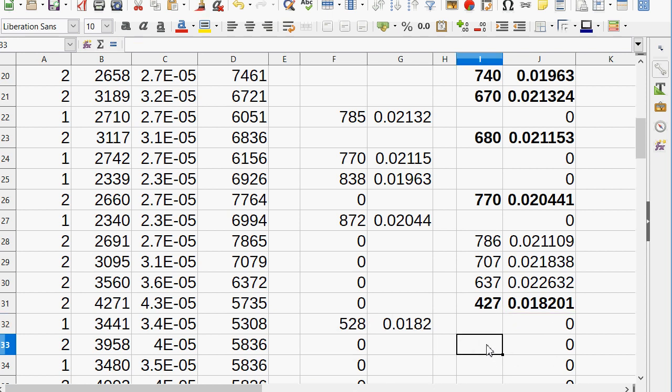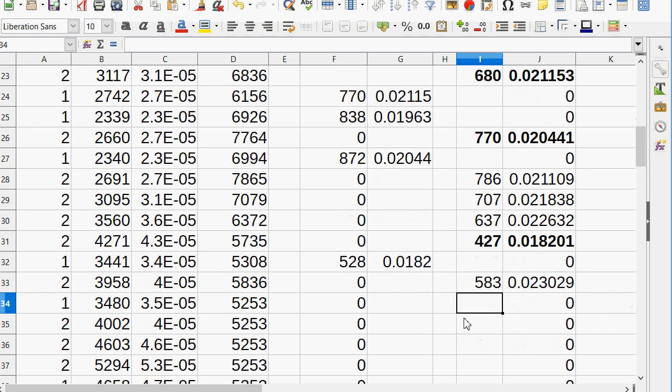Sell 583. Just want to make sure everything is right. Yeah. It's all good.